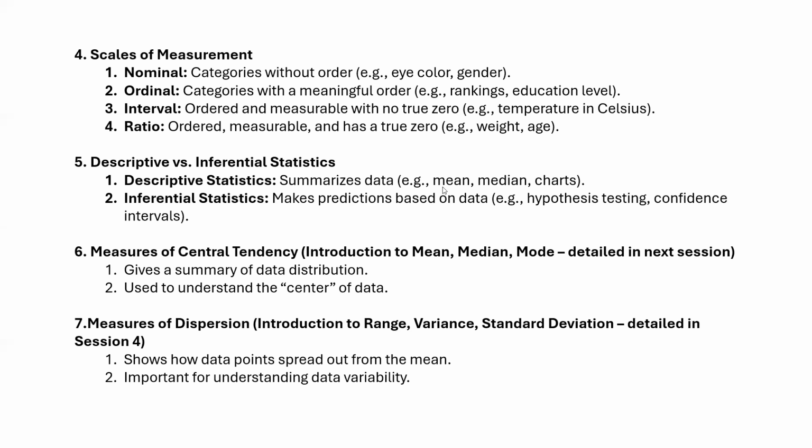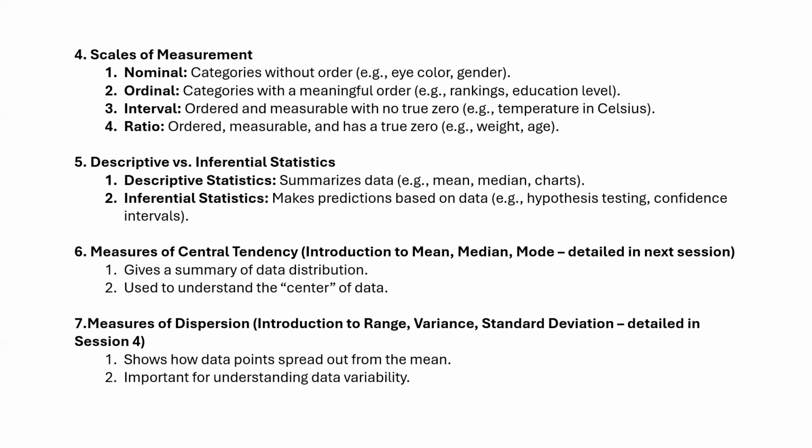Let's talk about one of the simplest measures of dispersion, the range. It's a very simple example of a measure of dispersion. Range is the difference between the maximum value and the minimum value.